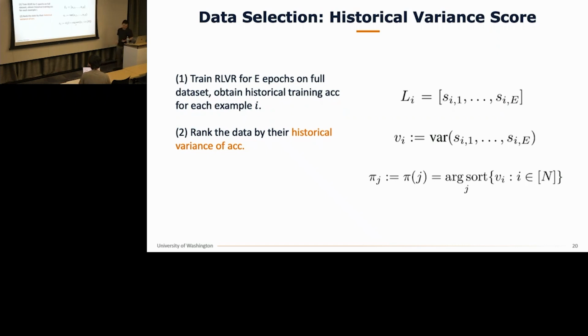In a sense, it represents that we chose a medium difficulty problem, because if the problem is too hard, you never get it correct, then your variance is low. And if your problem is too simple, then you always get it correct, then you have low variance as well. So if you have a high variance, it basically means you chose a medium difficulty problem.